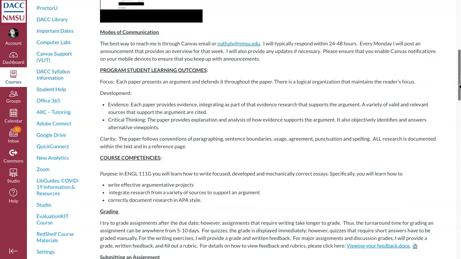And then I talk a little bit about my modes of communication. Basically, I will try to reply to you within 24 to 48 hours. I do have my emails set to my phone, so I see them pretty much every day. Anytime somebody emails me, I get a notification. However, sometimes I don't receive emails, or sometimes it might go to clutter.